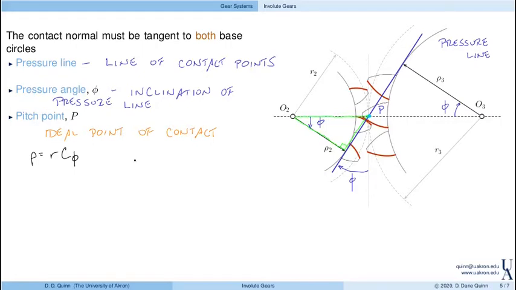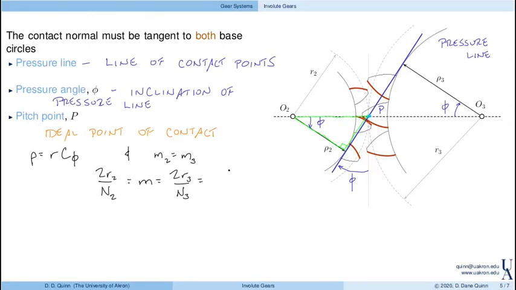From our previous description of gears, the module, essentially the distance between teeth, has to be the same for gear 2 and 3. For gear 3, the module is 2 times R3 divided by N3. The pitch distance actually has a factor of pi here, but for gear 2, it's 2R2 over N2.